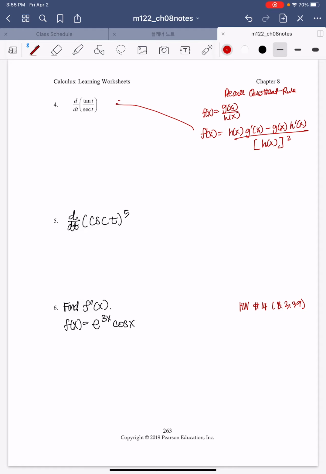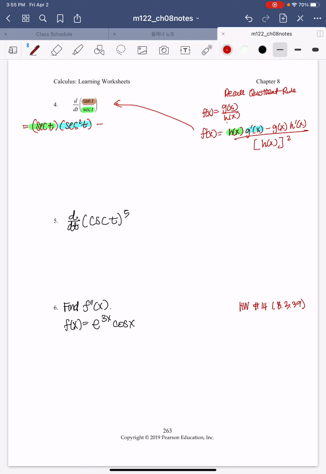I'm going to apply that here. First, we have the denominator times the derivative of the numerator. So I have secant t, and the derivative of the top, tangent, is secant squared t. I'll color code it: this is my h of x, and this is my g prime of x, and this is my g.